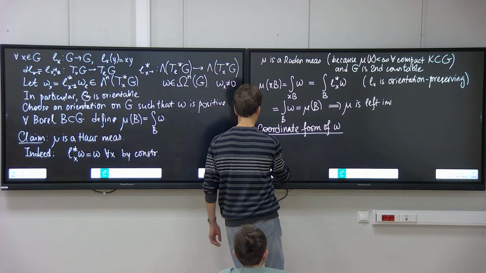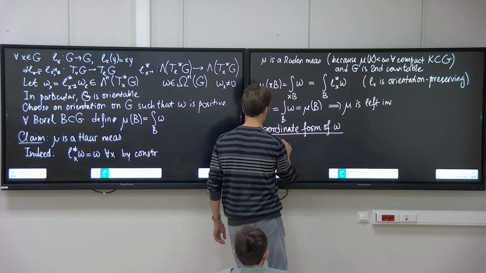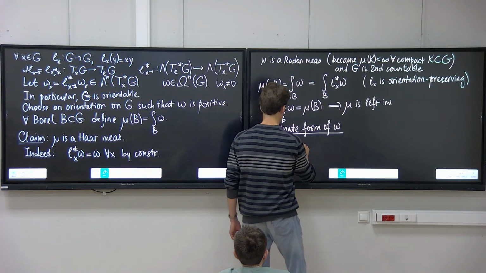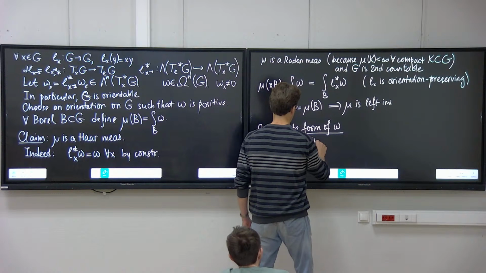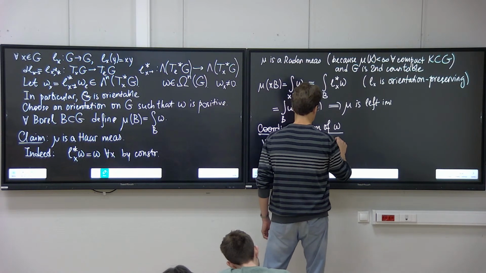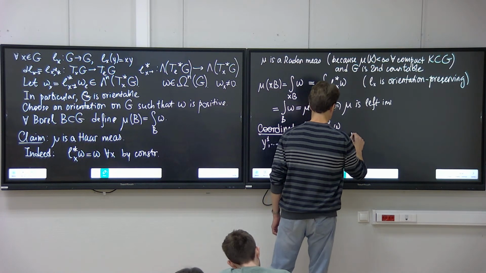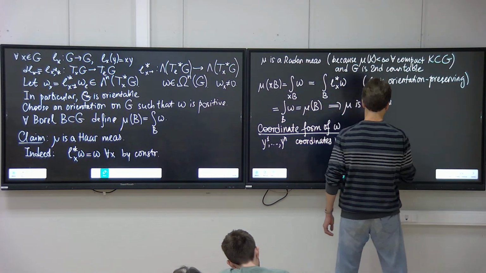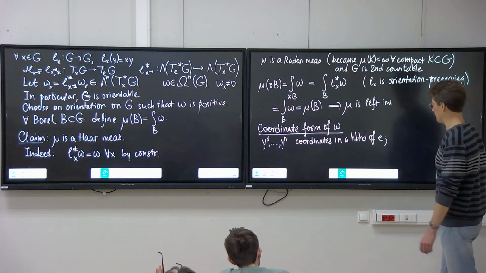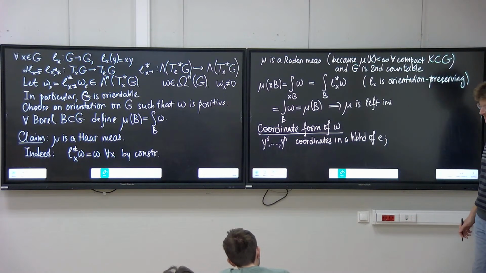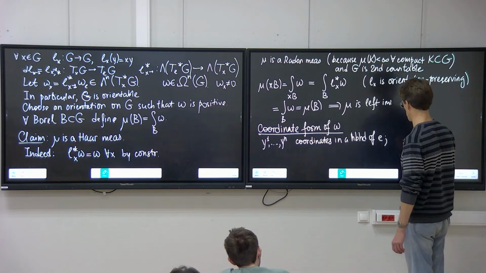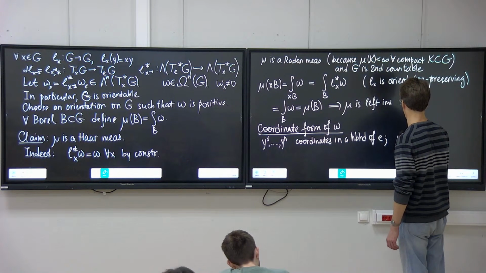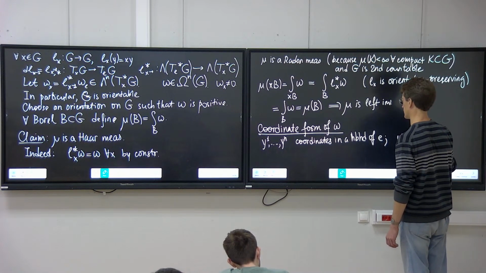Let's denote them by y1 up to yn. Coordinates in a neighborhood of the identity. And we have to choose a non-zero element in the cotangent space at the identity. The obvious choice is the following one.